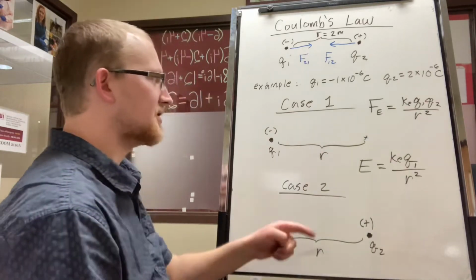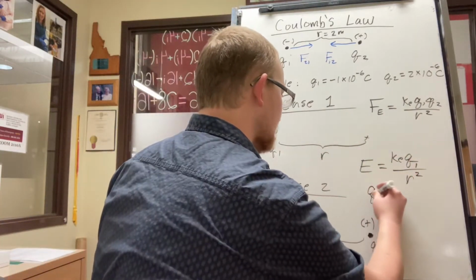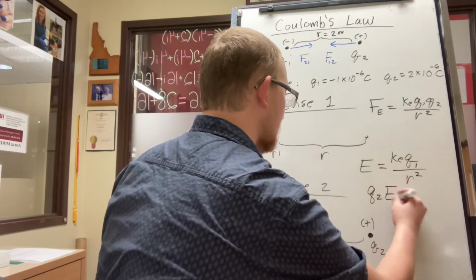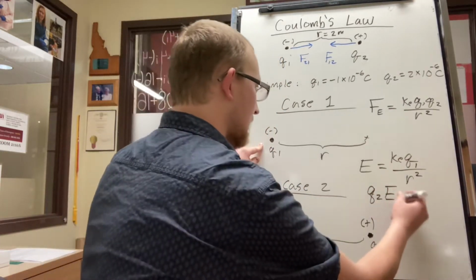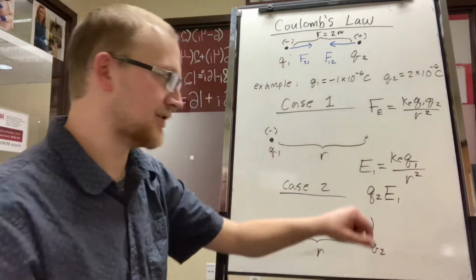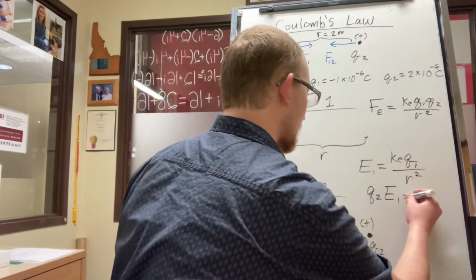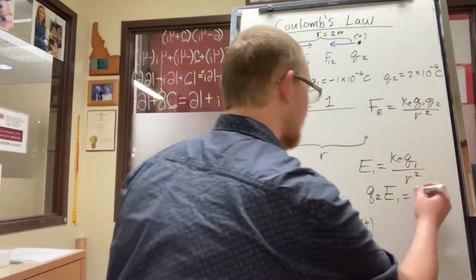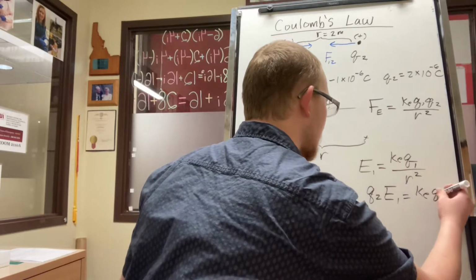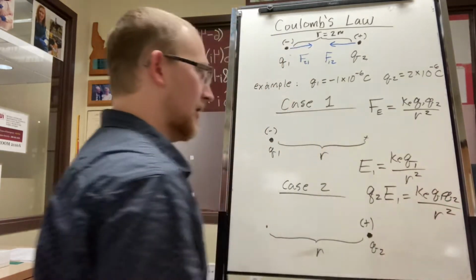So what we can do is multiply both sides here by Q2. So Q2 times E caused by 1, I'm going to write it's the electric field caused by 1 at the location where 2 is. Q2 times E1 is equal to K_E Q1 times Q2 divided by R squared.